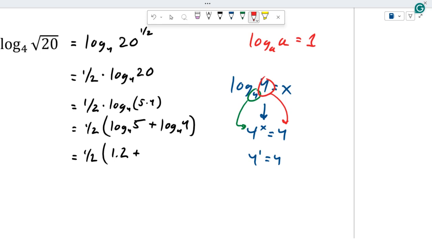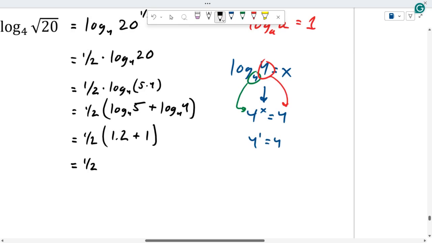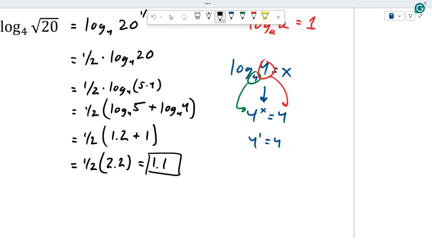So the log of 4 base 4, they don't tell us that, but the expectation is that you would know that the log of 4 base 4, just like the log of anything base itself, is going to equal 1. All right, so we have half of 1.2 plus 1 is 2.2, and half of that is 1.1. And that's going to be my answer there for part B.